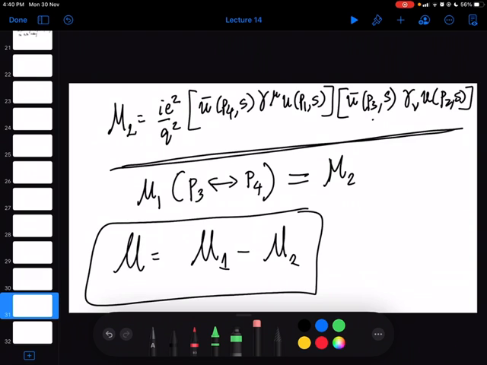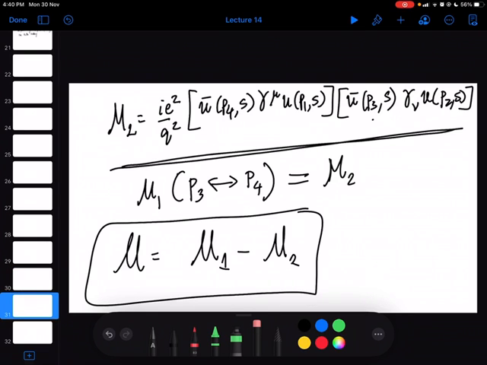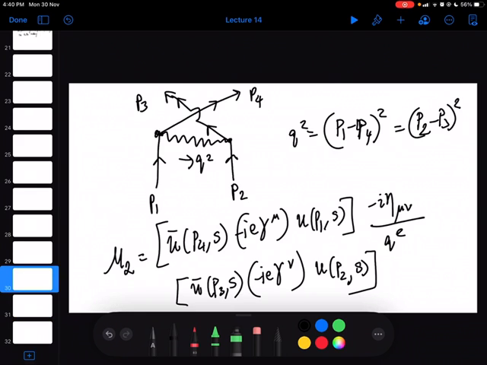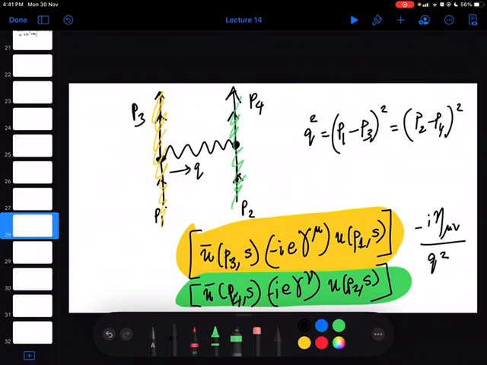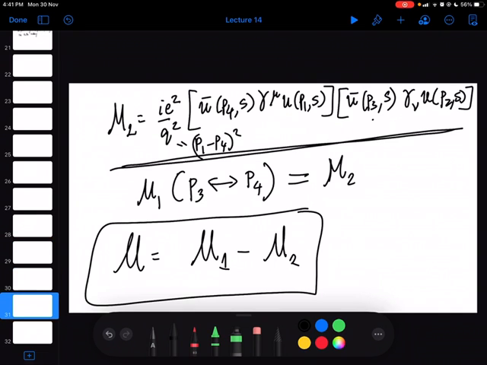and of course the q square as such will change. Okay, one second, I just have to write it down. Here the q square, in the case of M2, is P1 minus P4 whole square, whereas in the case of M1 the q square is equal to P1 minus P3.